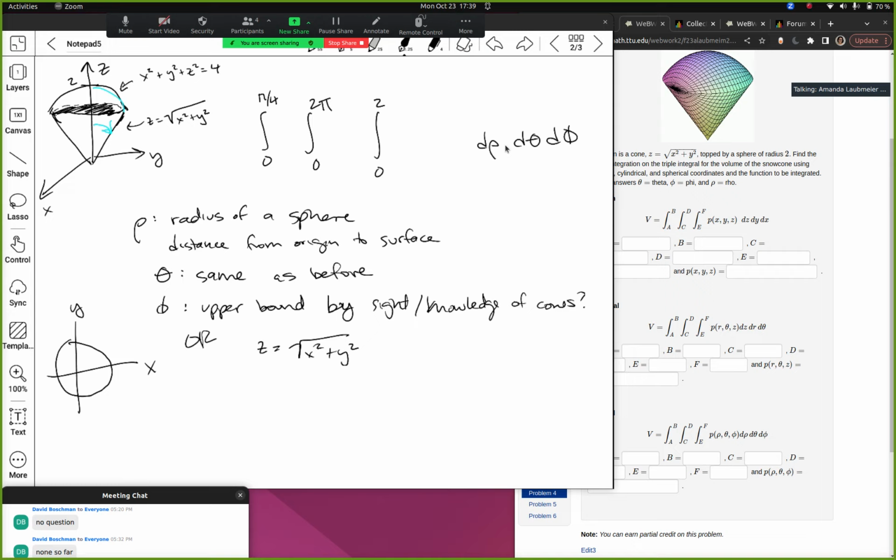The easiest way to do that is to look at a slice in y and z, where x is 0. I took that same slice that I drew before, that shark fin thing, and smushed this whole thing to x equals 0 and look at it in 2 dimensions, y and z.